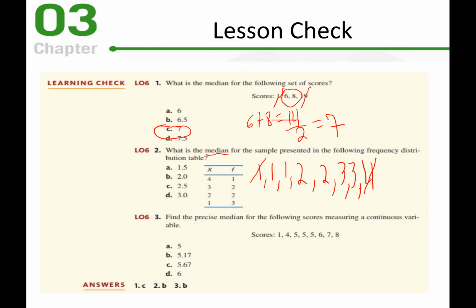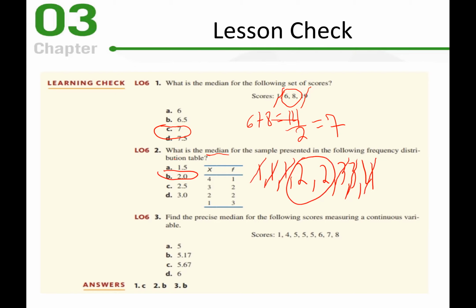Then we cross out the highest score. Then we cross out the second highest score. All right, and we keep doing that. So now we're left with 2 scores of 2. All right, so if we average those out, 2 plus 2 is 4. 4 divided by 2 gives us 2. So the answer is going to be B.